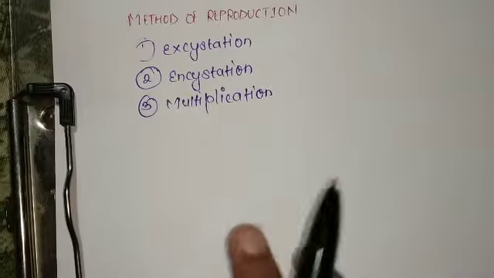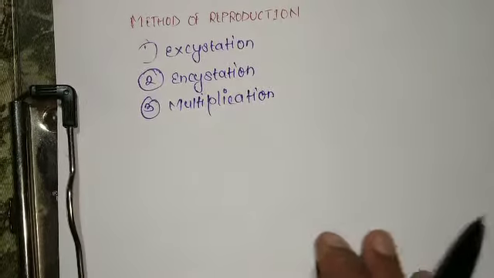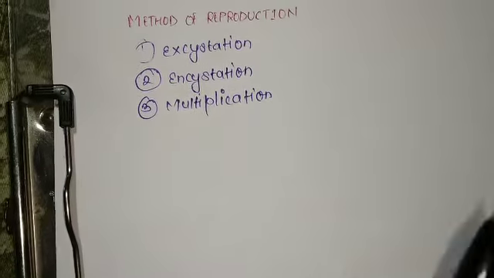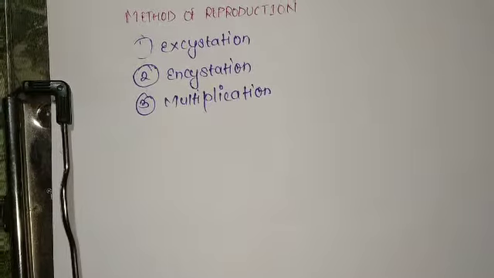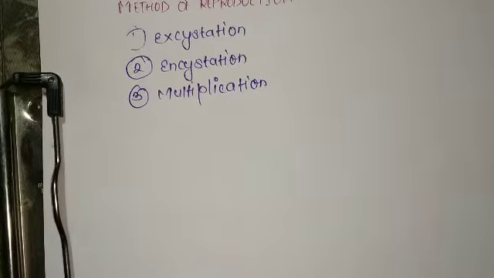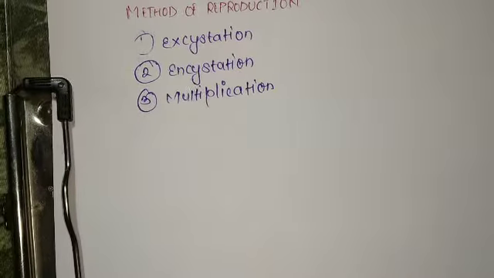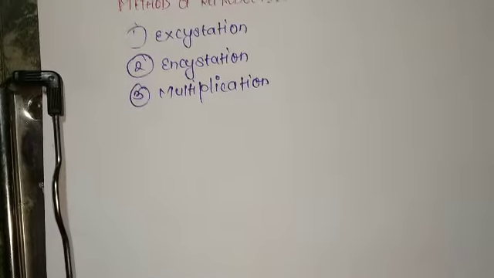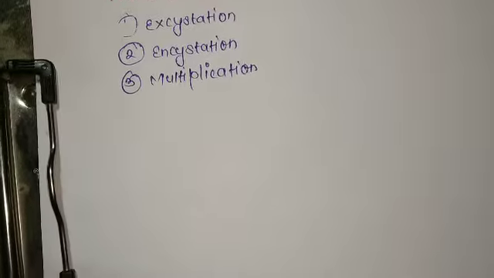Only when the cyst is at the quadrinucleated stage will it be in an infective form and infect the host. Inside the body, after multiplication, we will see the trophozoites and precyst.